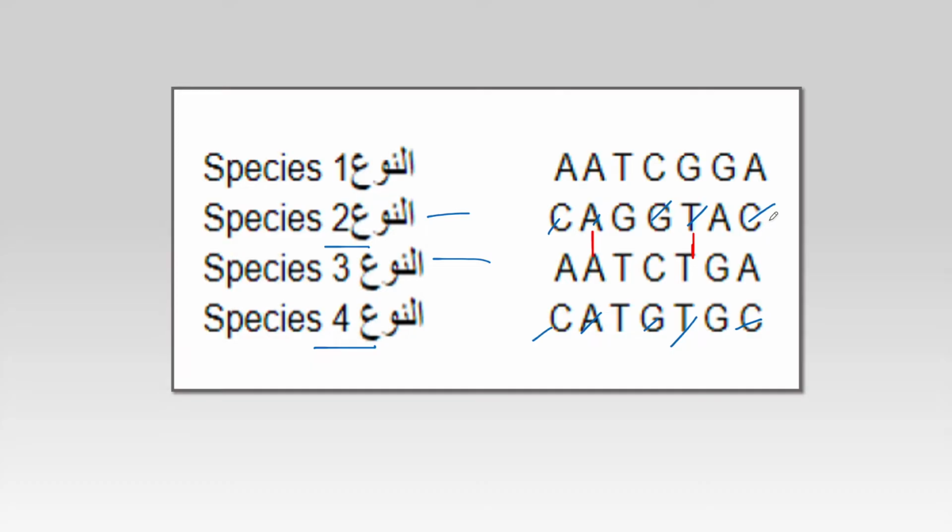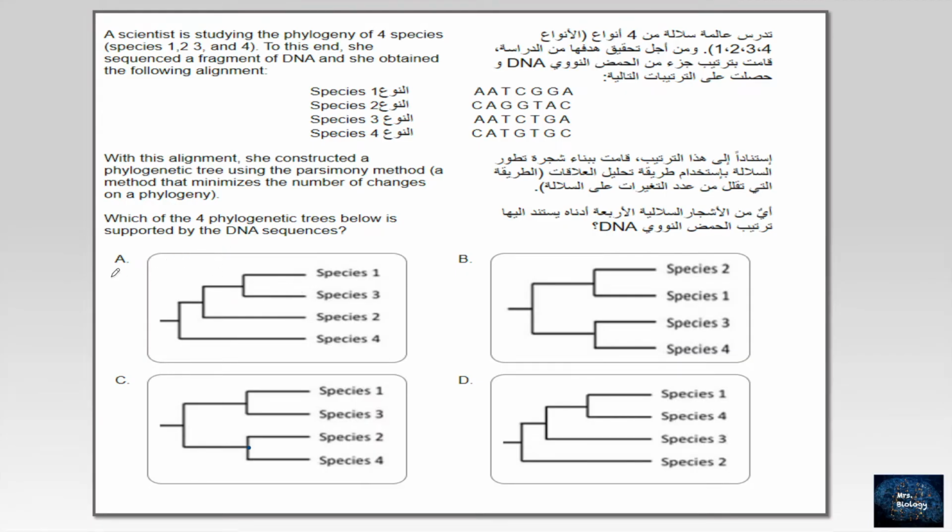Let's go back to the choices. I'm here again. Now I am comparing A with C. As we mentioned, I'm really confused about whether to consider 2 and 4 as sister taxa or not. Who decided the relation between 2 and 3? If you remember, I found two nucleotides matching each other.